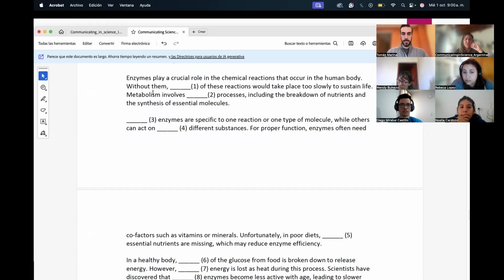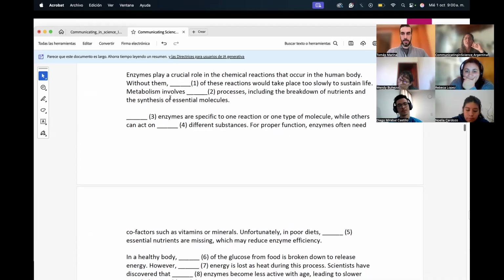Could be, yes, it sounds good. Metabolism involves many processes, including the breakdown of nutrients and the synthesis of essential molecules.